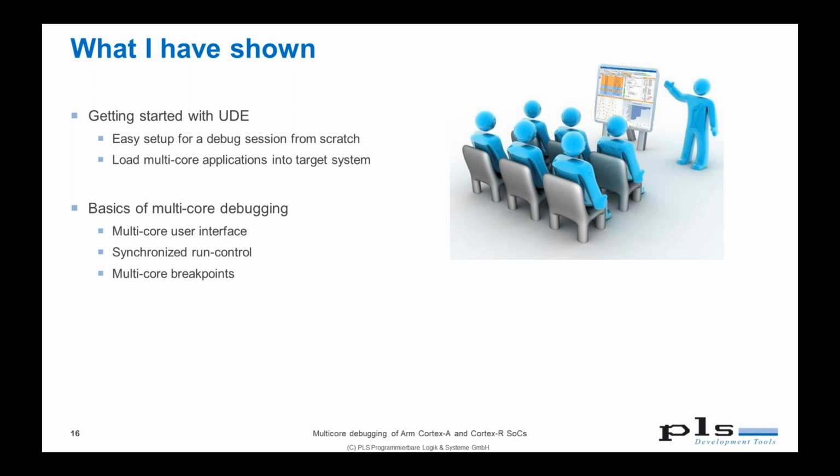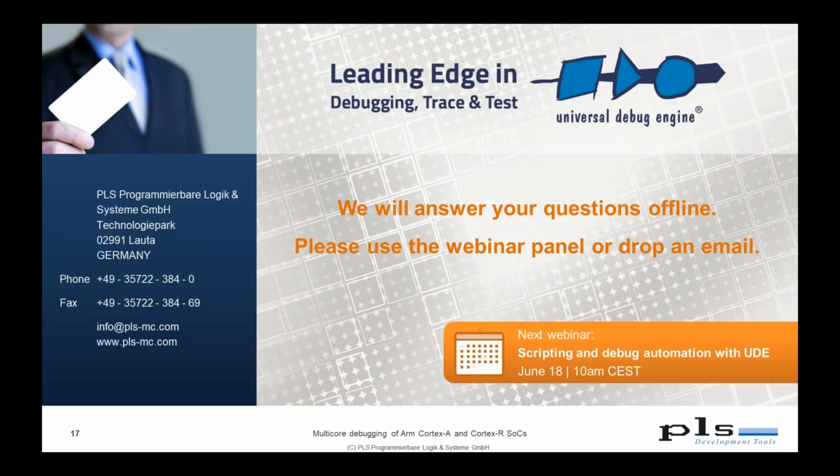I showed you the user interface and how to use synchronized run control, how to use the Multicore Run Control group, and what Multicore breakpoints are. And then finally, we did a very brief introduction into the trace support of UDE for Cortex-A and Cortex-R devices.